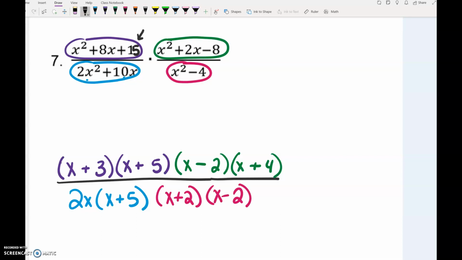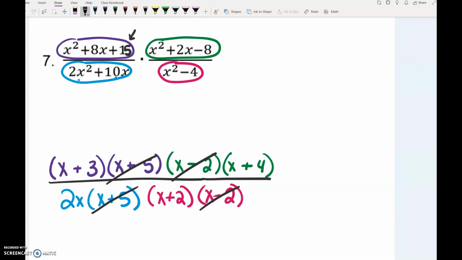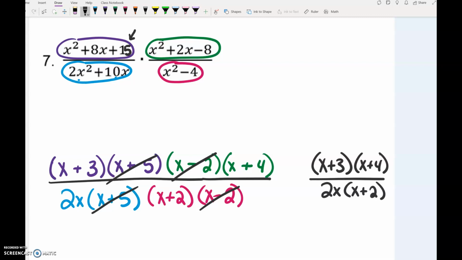Then we start slashing. I see x minus 2, x plus 5, and that's it. So our final answer is x plus 3, x plus 4 on the top, and 2x, x plus 2 on the bottom.